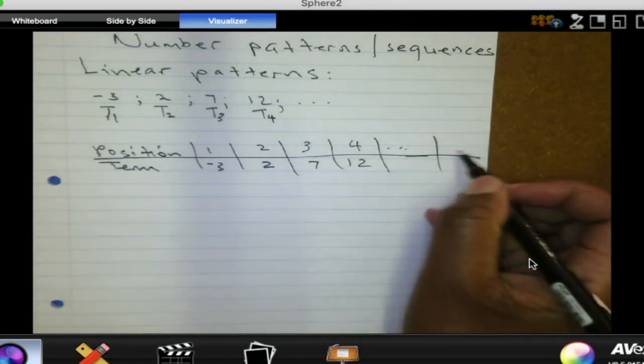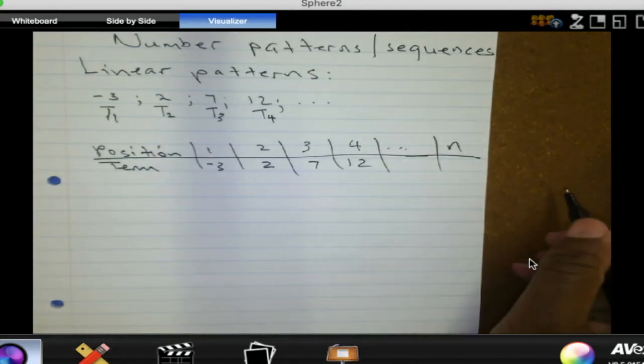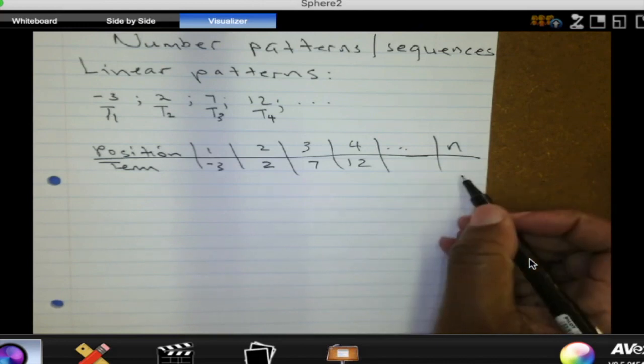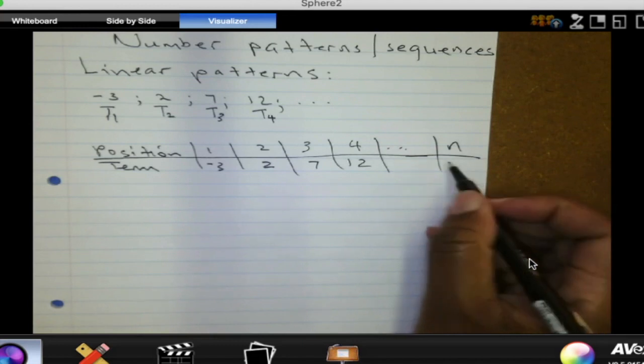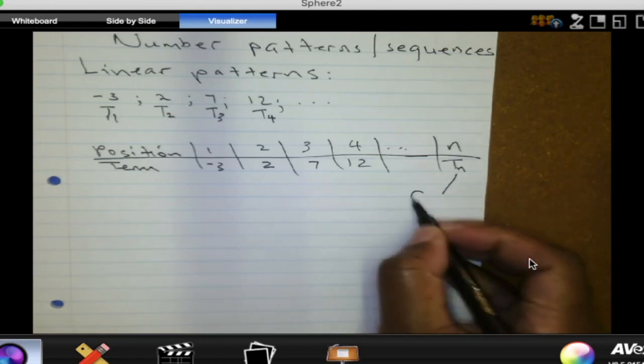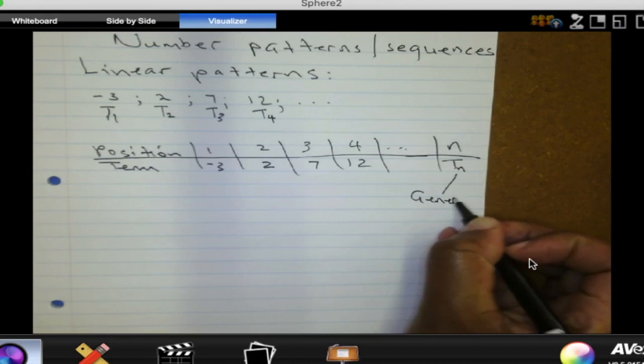Then we ask ourselves, if we continue counting like that, what then will be in position n? And that is what we mean by Tn, and Tn is called the general term. So this is our general term or the general formula.